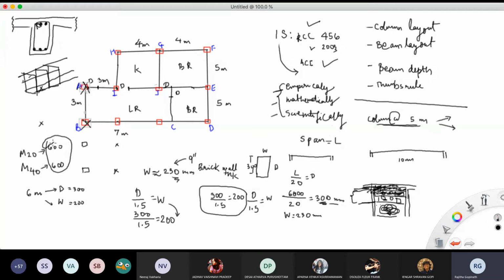You are not taking any such consideration. You merely take the span, 1/10 of the span is my depth of beam, which I think is very primitive, and you need to break away from this thumb rule.